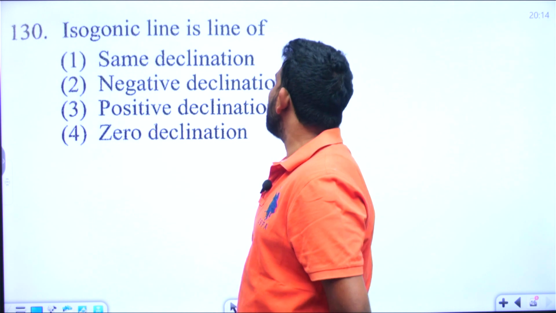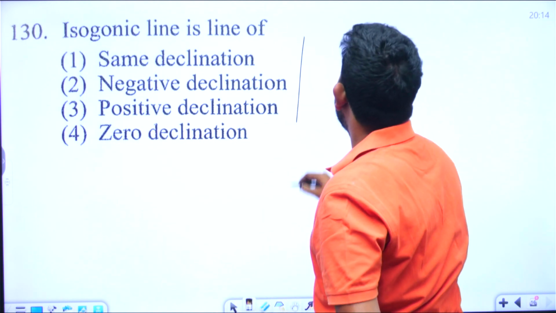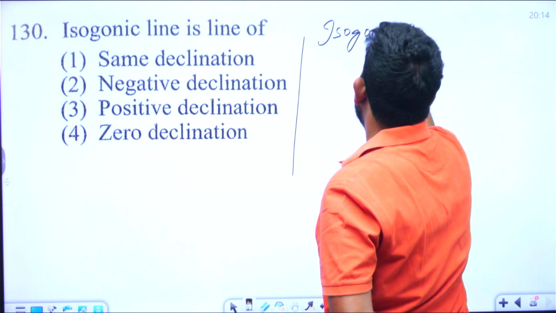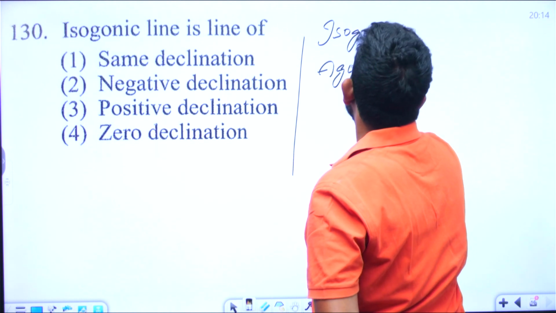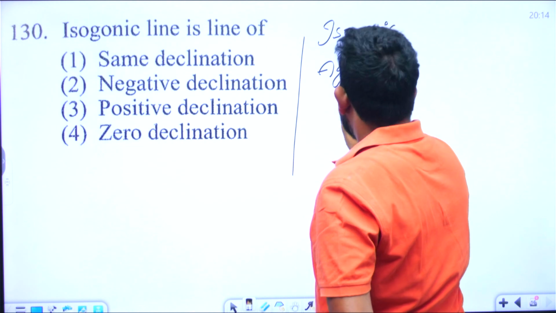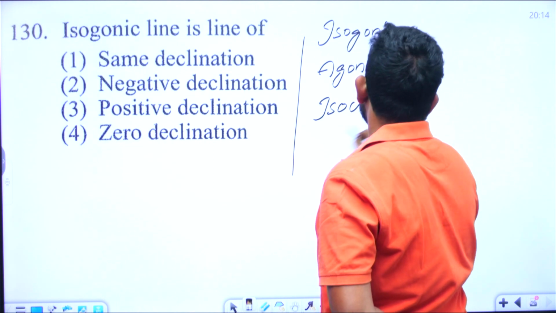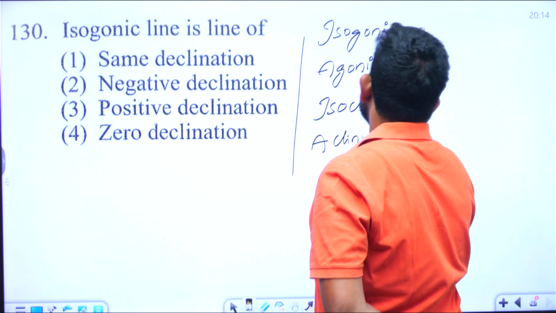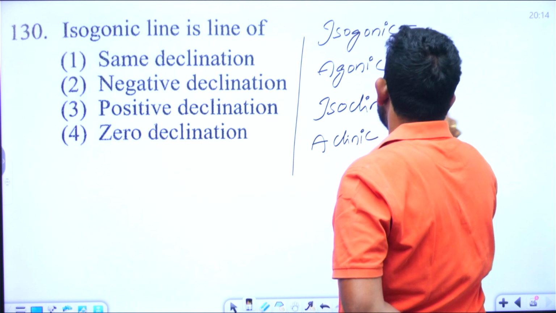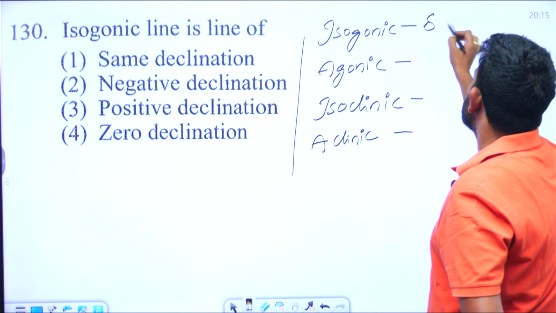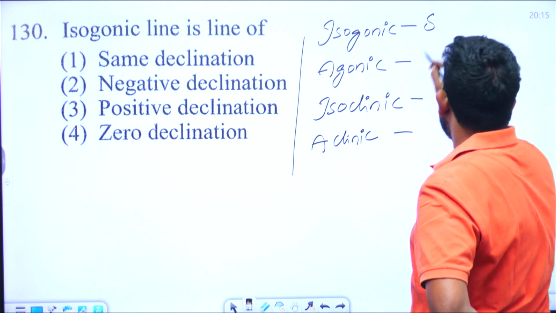Isogonic lines, lines of declination: we have seen isogonic lines, agonic lines. Also, we have seen isoclinic lines, aclinic lines, and all this kind of stuff. There might be a little confusion between these, but if you know the subject well, we will be easily able to answer this kind of question. Isogonic means lines having the same declination, or simply same declination points.